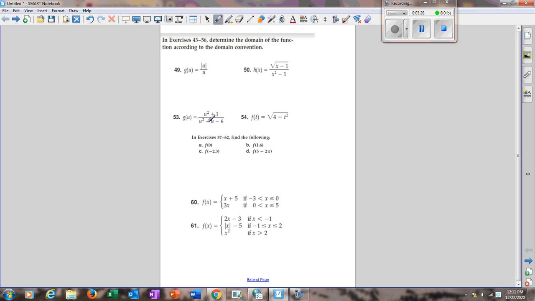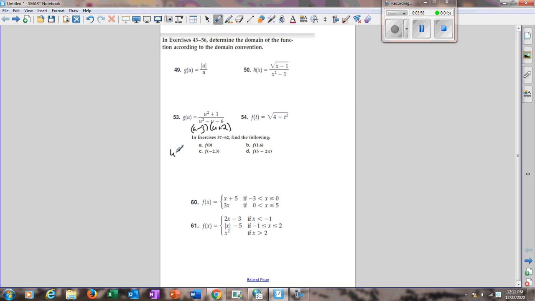Now, number 53. For this one, my denominator is all this. So the easiest way to do this is to factor that out and then set it equal to 0, so that I get u minus 3 and u plus 2. And set each one of those equal to 0.